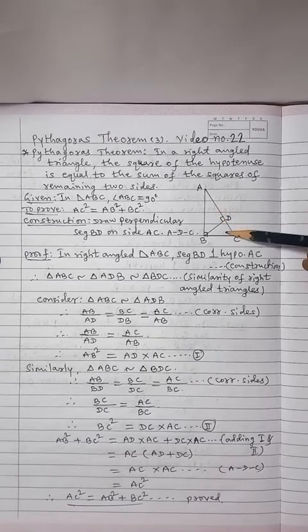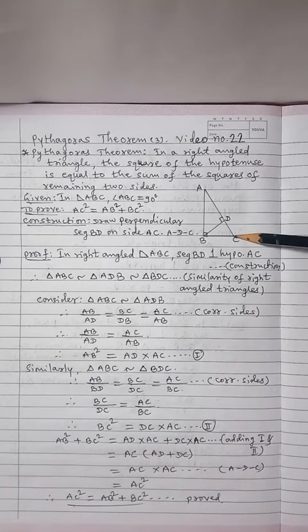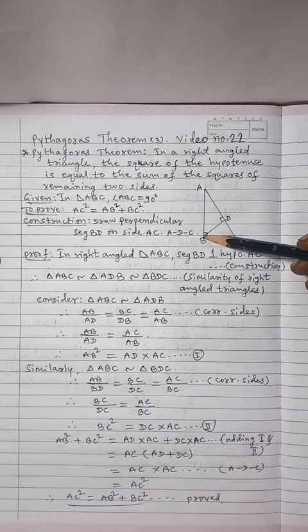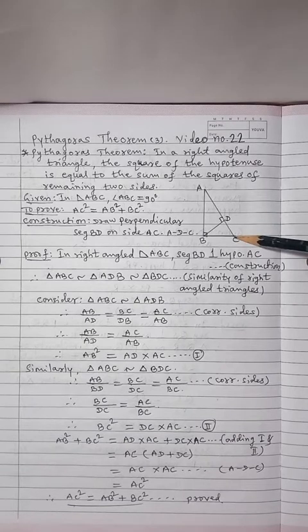Then each of the triangles is similar to the original triangle and to each other. Yes, in other words, triangle ABC is similar to triangle ADB and is similar to BDC. Yes, this is using similarity of right angled triangles.